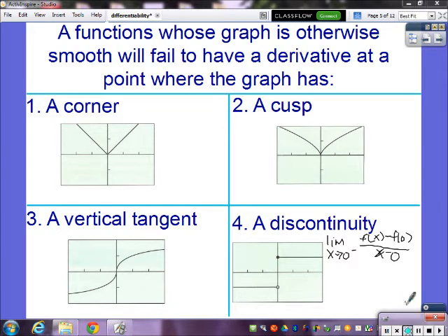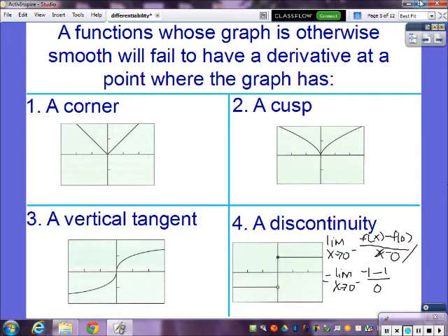So f of x, as it approaches 0 from the left, takes on the value of negative 1. And then f of 0, the actual value this function is defined at, is positive 1. So when I plug in those values, I get negative 1 minus 1 over, and then x is 0, so 0 minus 0, which is 0.